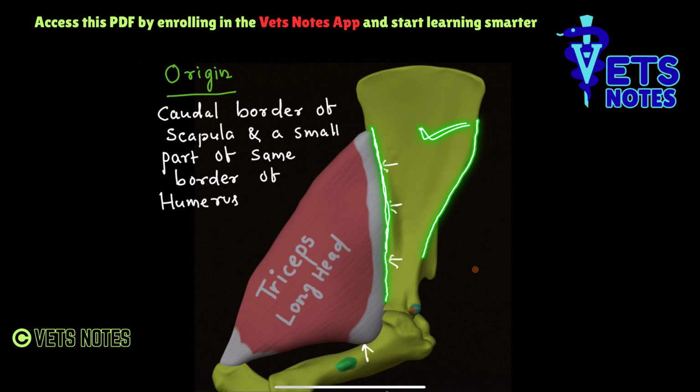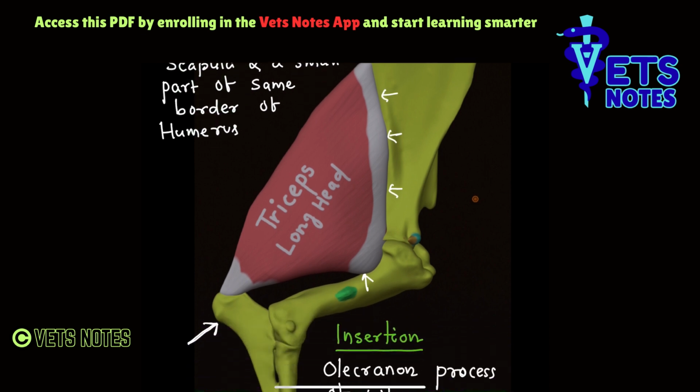So the muscle will originate from the caudal border of scapula and a small part of the caudal border of the humerus. So this is the origin point of this muscle.